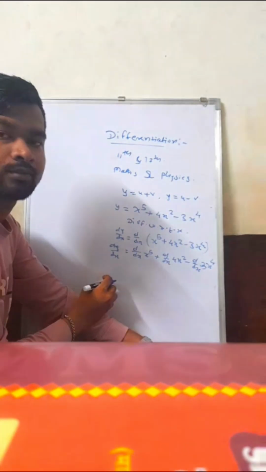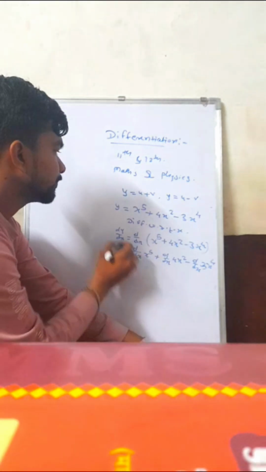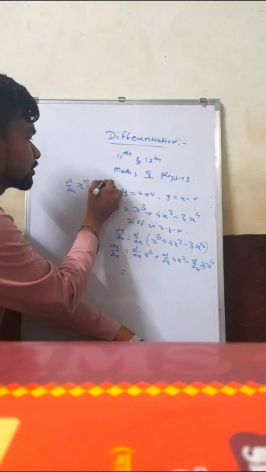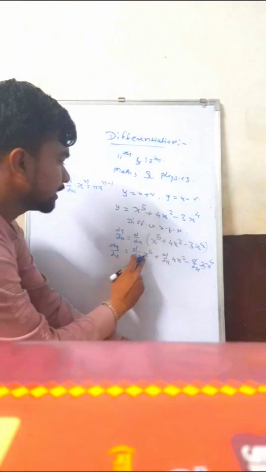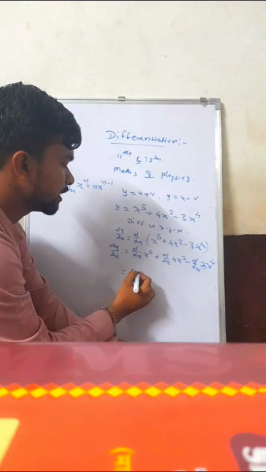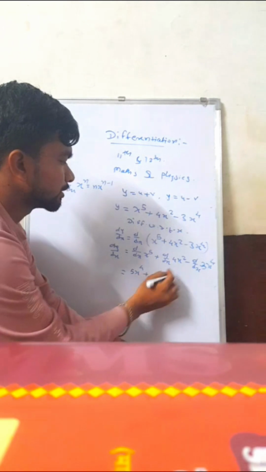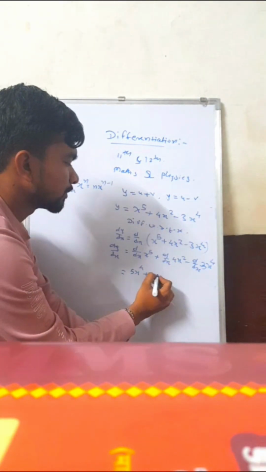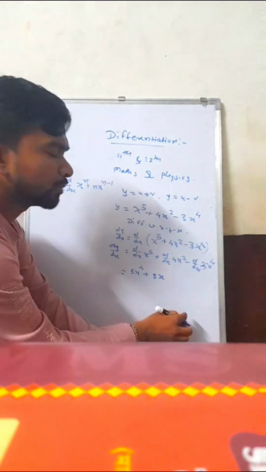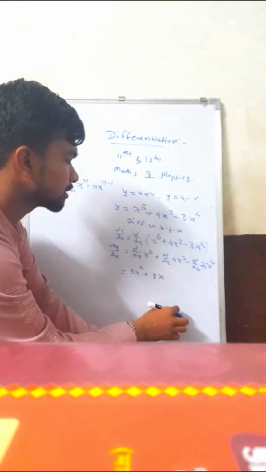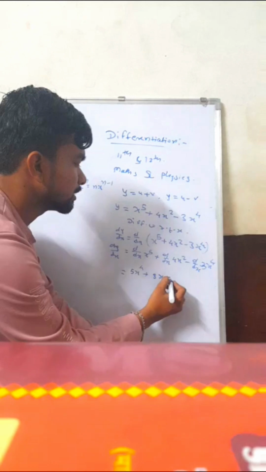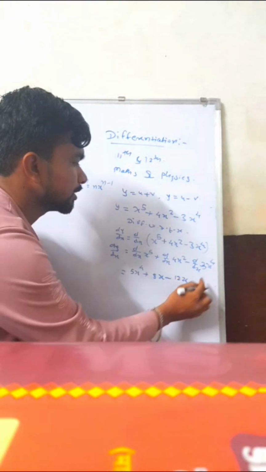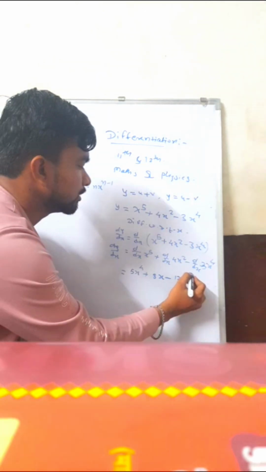Then apply the standard formula, d by dx of x raised to n is n into x raised to n minus 1. Here n is 5, so 5x raised to 4, plus, here n is 2, so 4 into 2 is 8x, that is 2 minus 1 is 1, power of x raised to 1, that is x, minus 3 into 4 is 12, and x raised to n minus 1, that is 4 minus 1, 3.